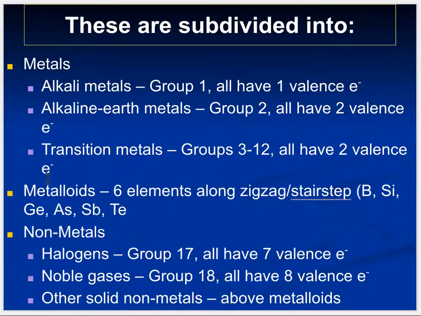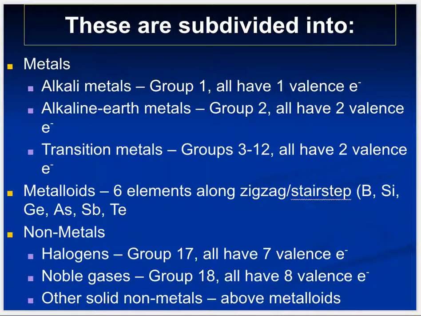And then you have the carbon family, the oxygen family, the nitrogen family, those families. You're going to jump all the way to group 7. Those are the halogens. And finally, the last group are the noble gases, group 8, or 18 on a periodic table many times, and those have 8 valence electrons.